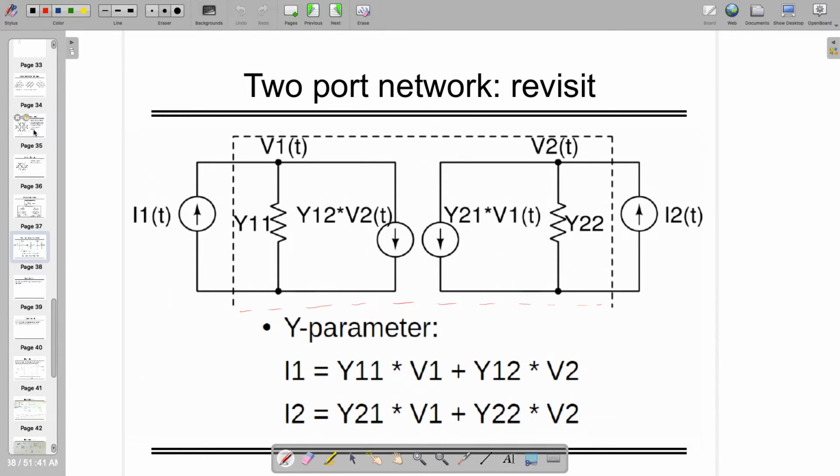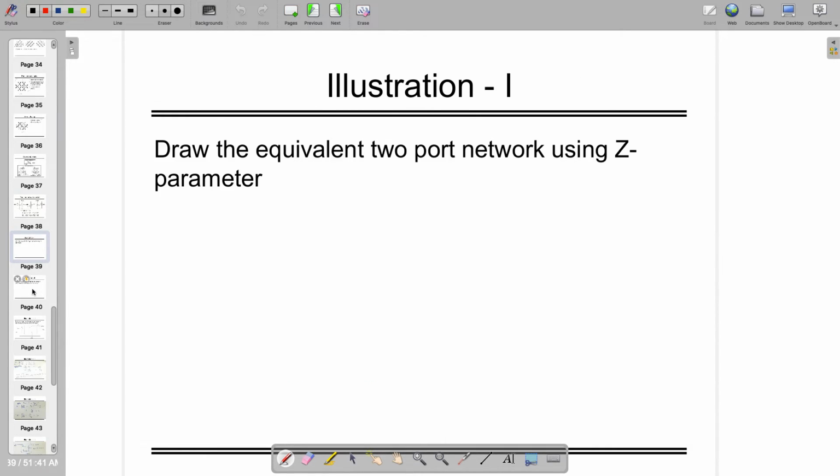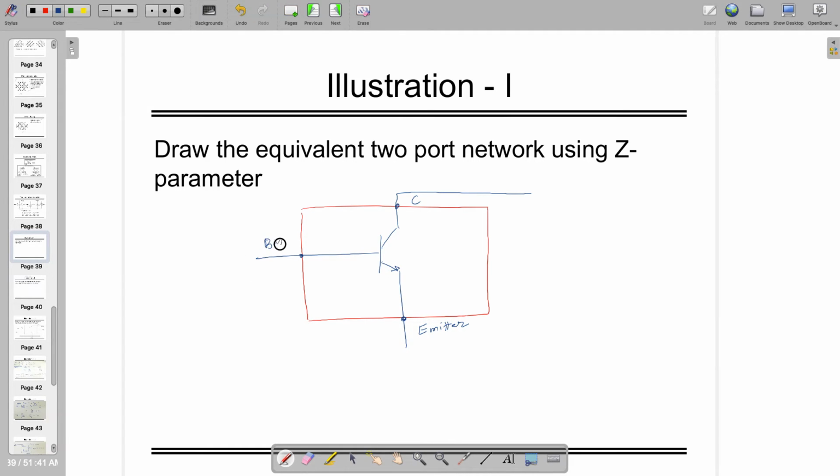If you look at this carefully, in the case of a BJT, which looks like this, this is the collector, this is the emitter, and the base.